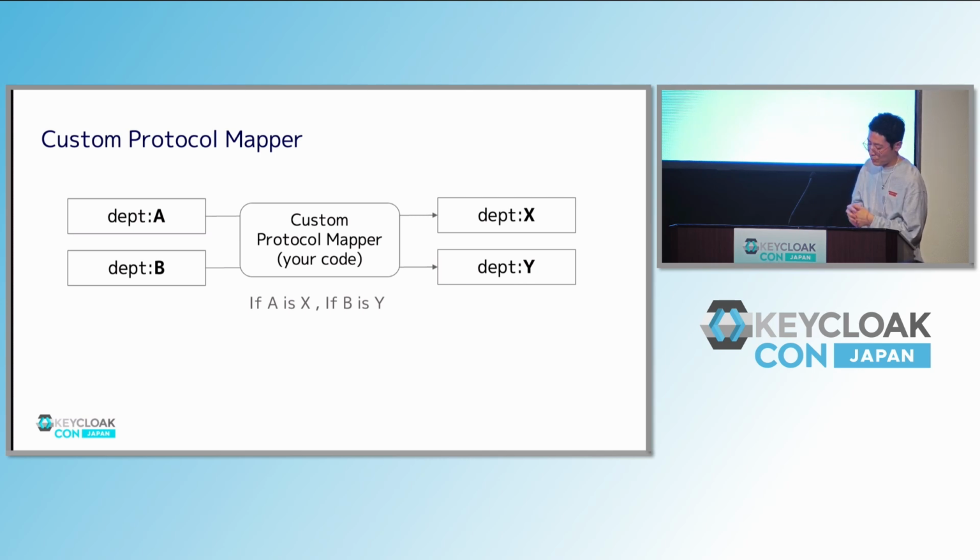Using this class, you can freely control the logic of how claims are added to tokens during generation. This allows you to transform values imported from LDAP or external IdPs into the format your application requires. Once implemented, the custom mapper can be packaged as a jar file and deployed to your Keycloak instance.